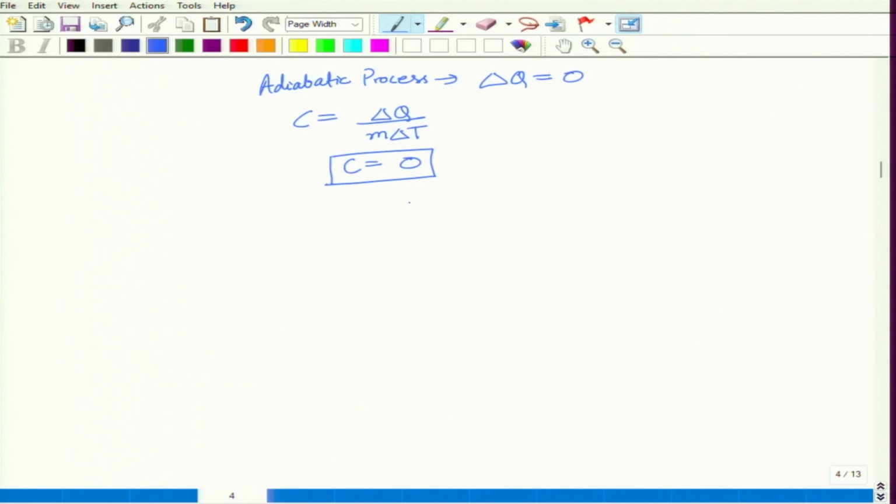So from these two processes we can see that the range of the specific heat goes from 0 to infinity. So the range of C belongs to 0 to infinity.